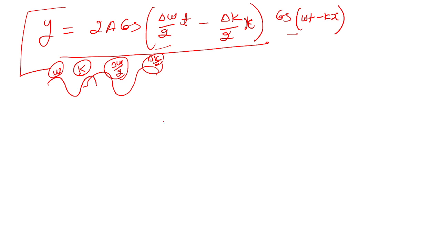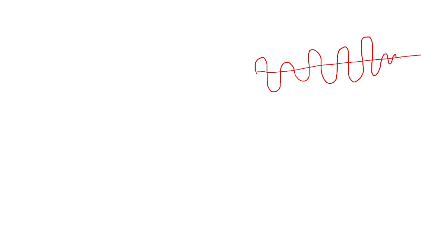So understand, this is the expression that we get. Let this be our axis along which we are getting this, and these waves are overlapping with each other, and this kind of arrangement is what we get.